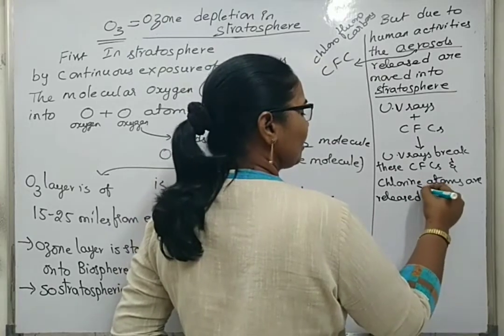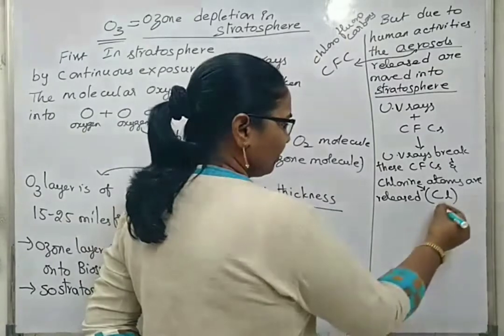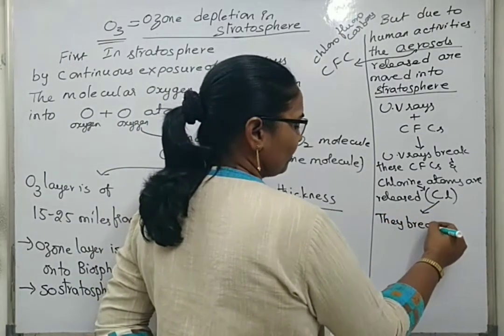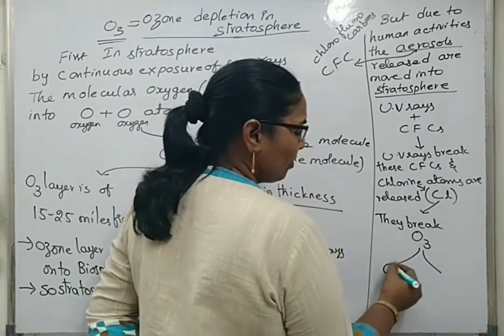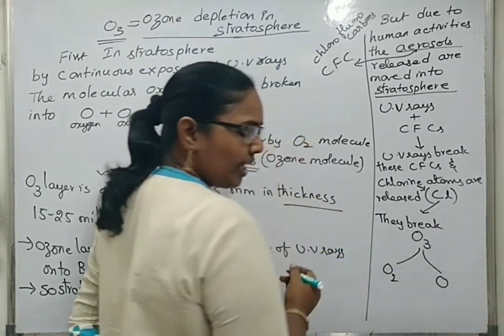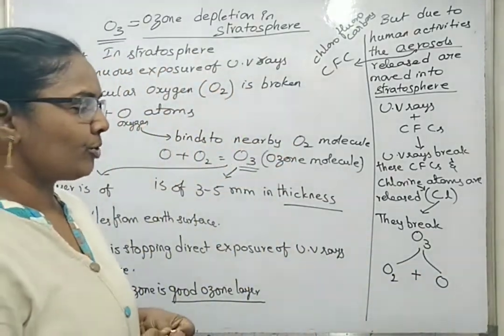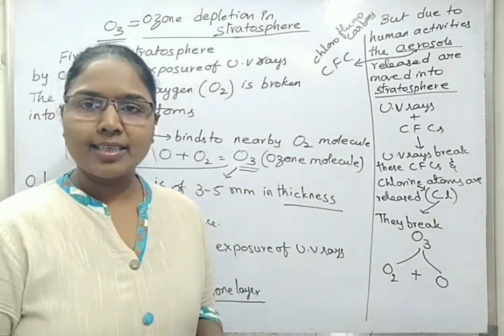We indicate these chlorine atoms as Cl. Now, these chlorine atoms break the O3 ozone molecule into molecular oxygen and an oxygen atom again. This depletion of the ozone layer is particularly marked in the Antarctic region.